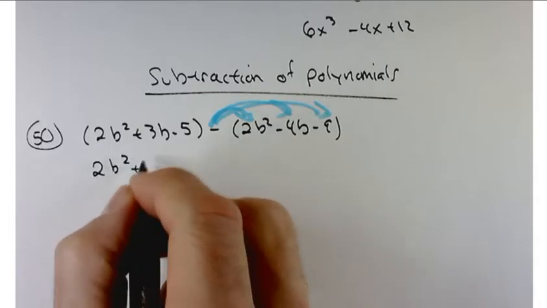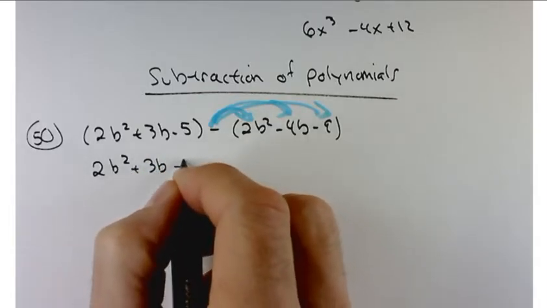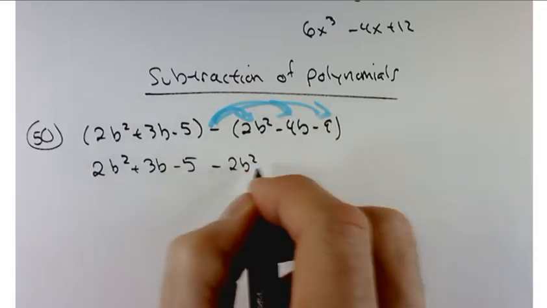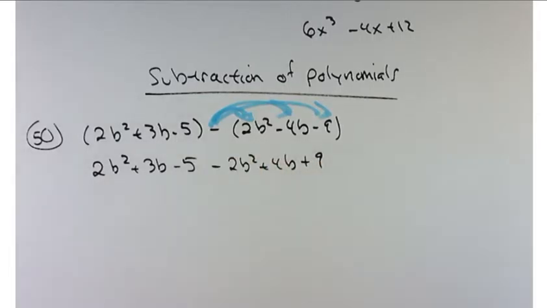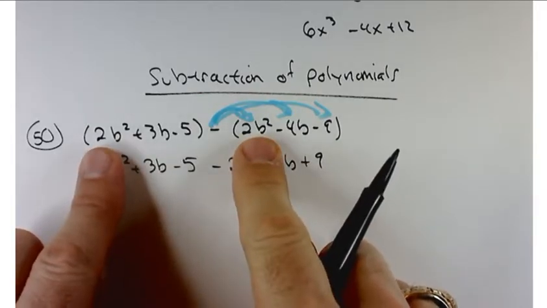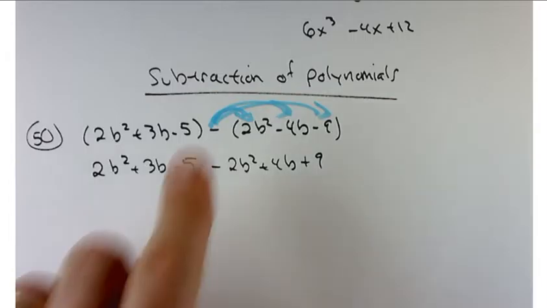I'm going to write this as 2b squared plus 3b minus 5 minus 2b squared plus 4b plus 9. Now that I've distributed this, now I can just add them up like before. But you can't combine like terms until you distribute this. You have to account for that negative.